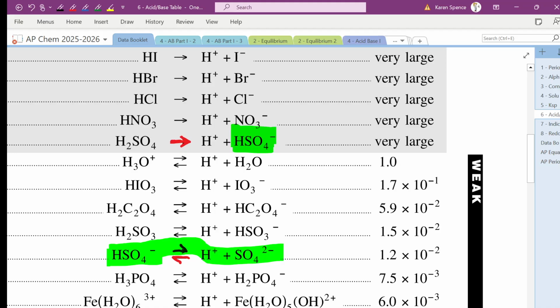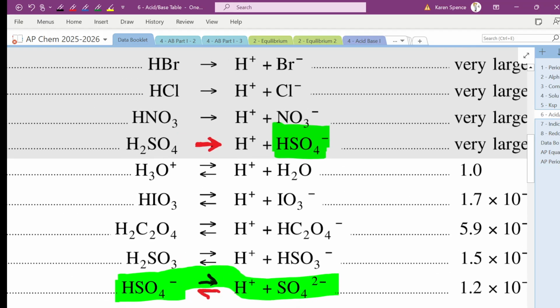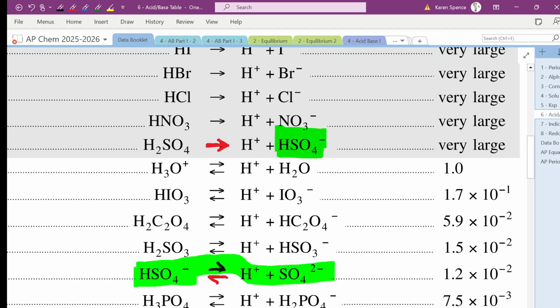Can HSO4 accept a proton? What does a one-way arrow mean? H2SO4 is what kind of acid? Strong acid. And what do we know about strong acids? They dissociate completely.